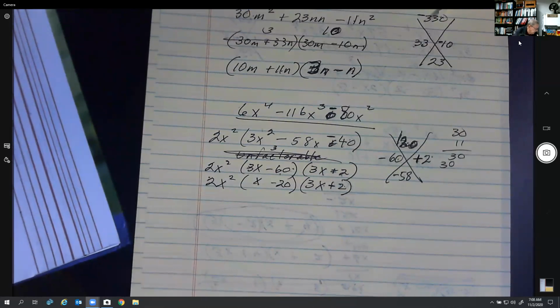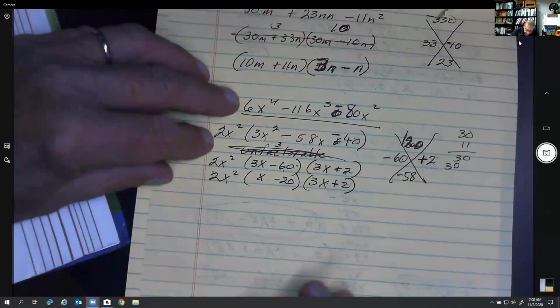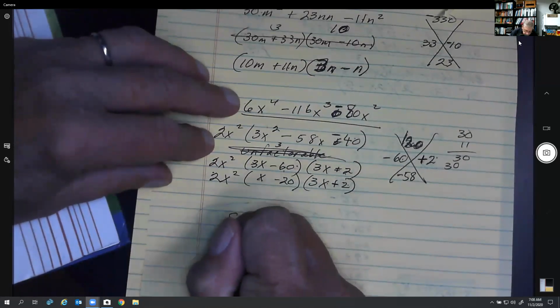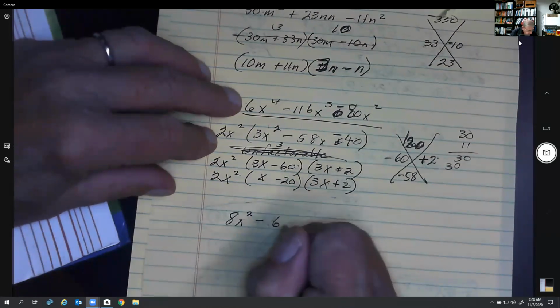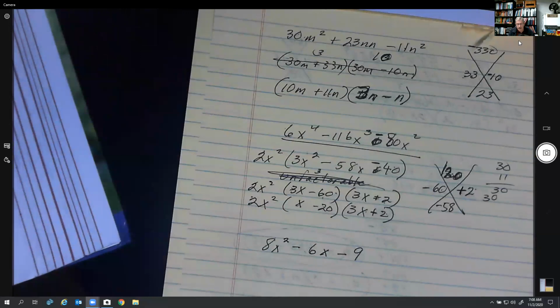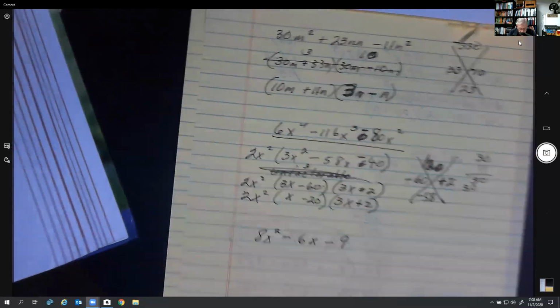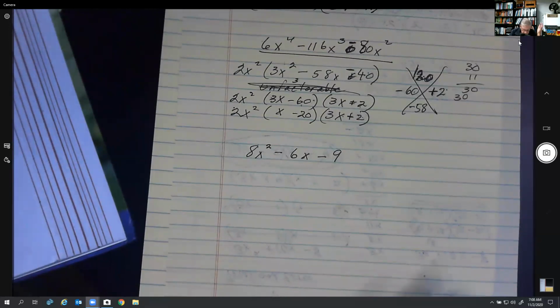All right, let's try this problem right here. I'm just going to make up one. Can I take out a common factor? That's always the first question. Can I take out a common factor?